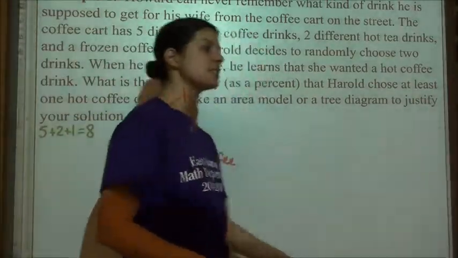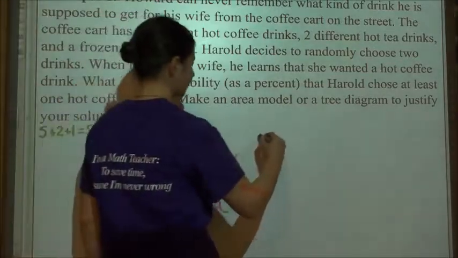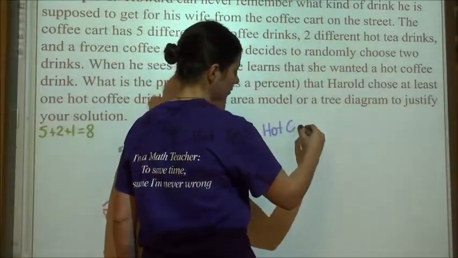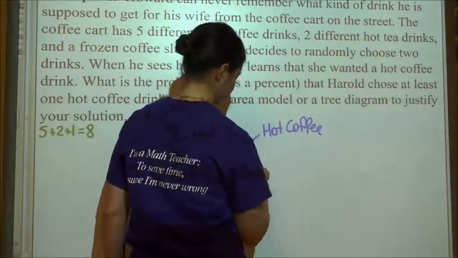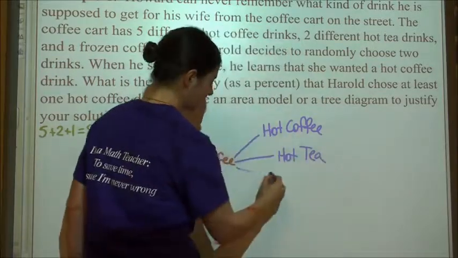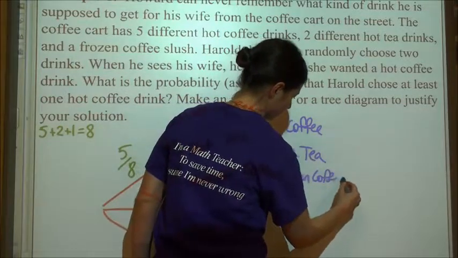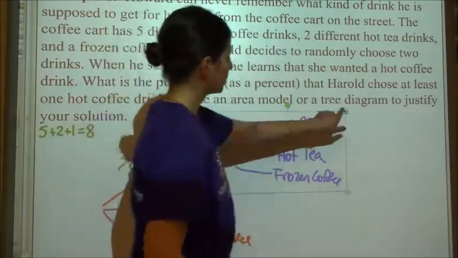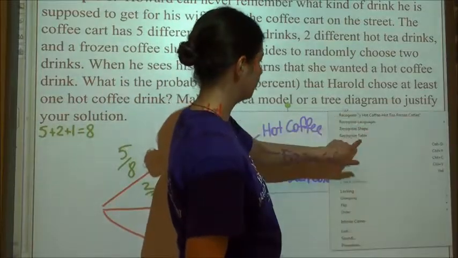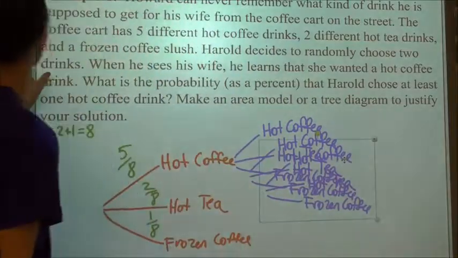Now, those are his choices for his first drink. His second drink has the same choices. He can either get hot coffee, he could get hot tea, he could get a frozen coffee. And we're just gonna close it.